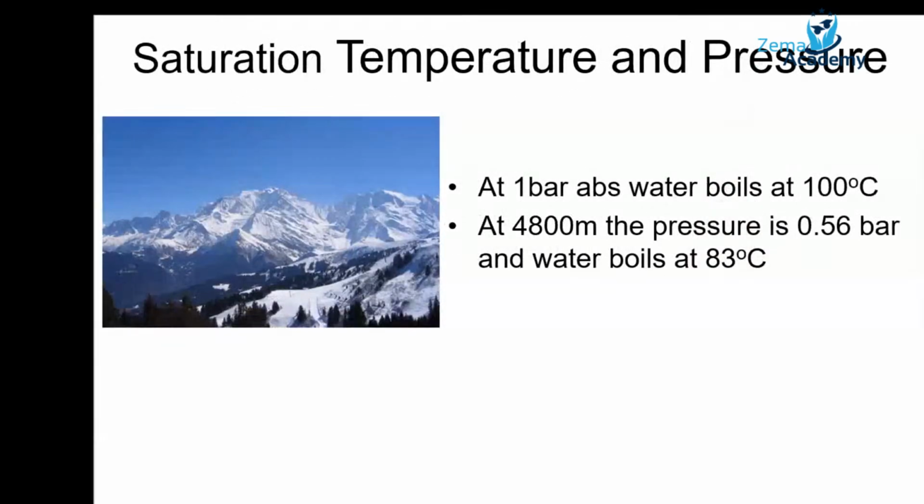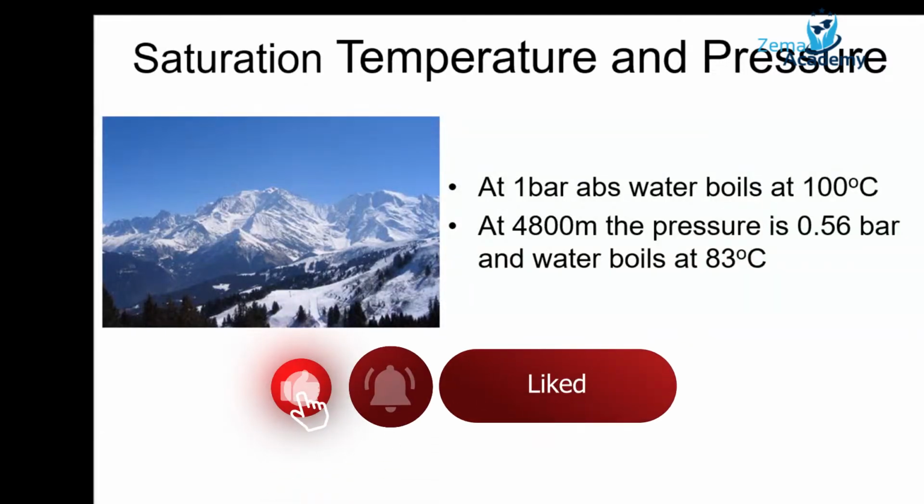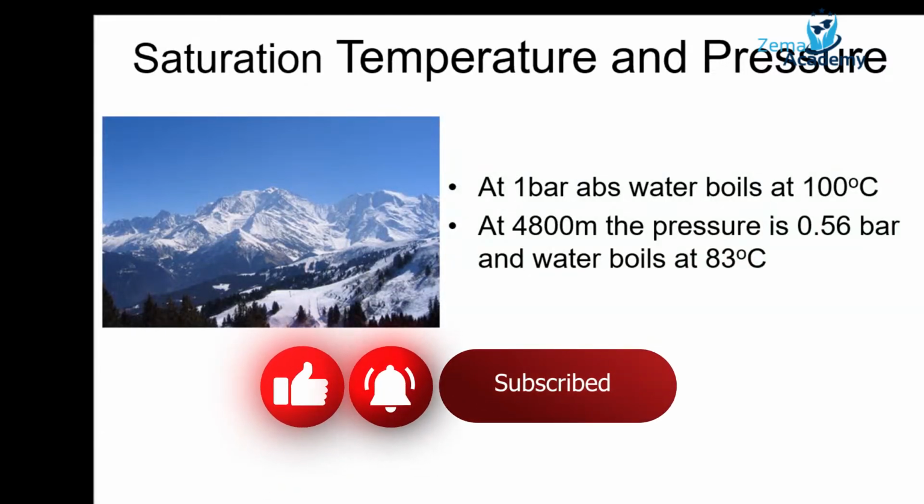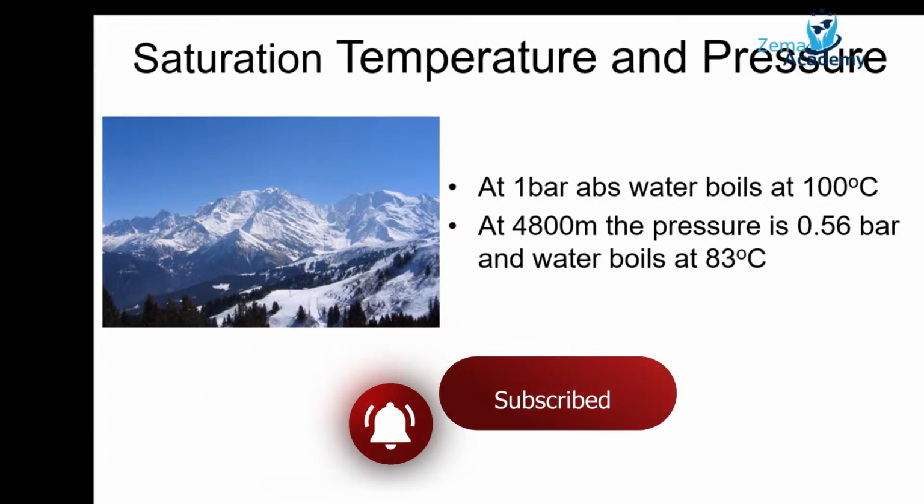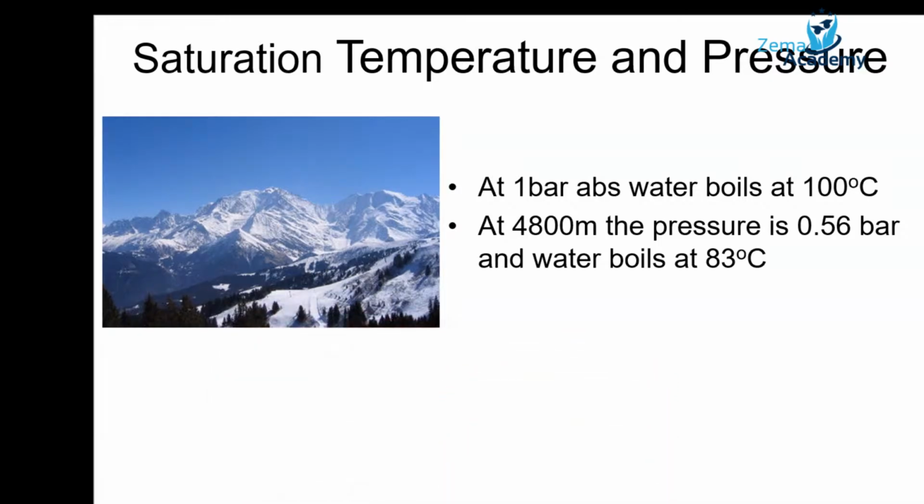For instance, if you try to boil water at, let's say, 4,800 meters, at a pressure of 0.56 bar, the water boils at 83 degrees C. So as you can see, not the 100 that we always say; depending on the pressure, water can also boil at 83 degrees C. What I wanted to highlight here is the relationship between pressure and temperature, and that is critical in any refrigeration system that we will look at.